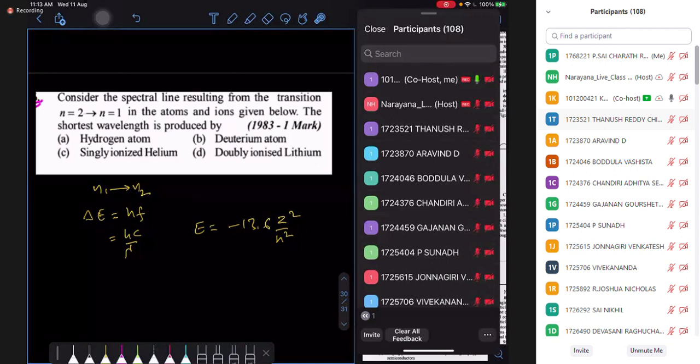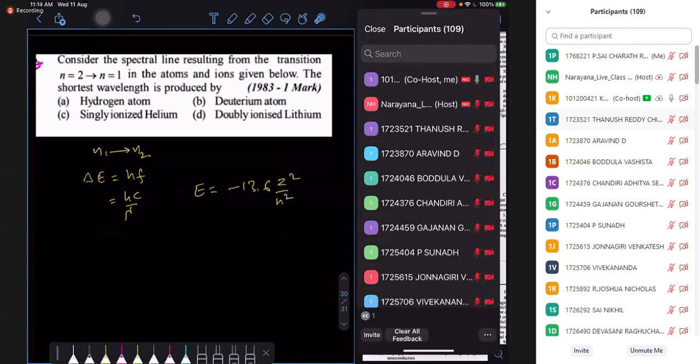Clearly for lithium Z is maximum, so energy is maximum for lithium. So lithium is the best answer here. This change is proportional to my Z, so lambda is inversely proportional to your Z. So lithium.